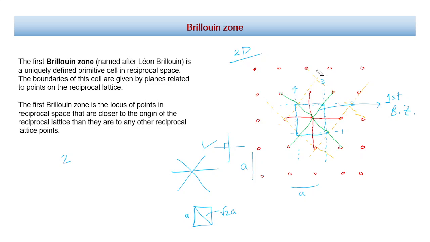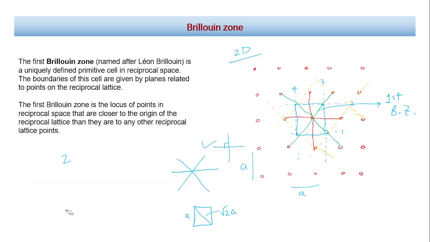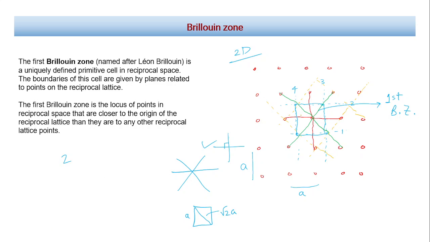Anyways, joining this green segment, we have a perpendicular bisector that can be drawn here. Now you see these perpendicular bisectors will be like this.